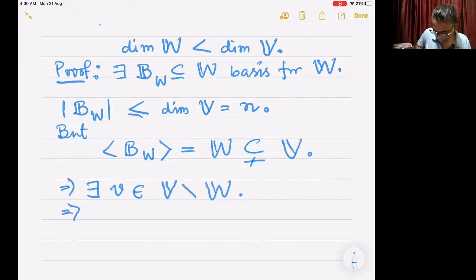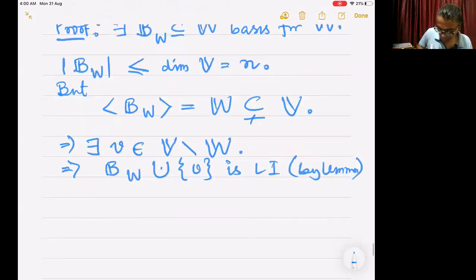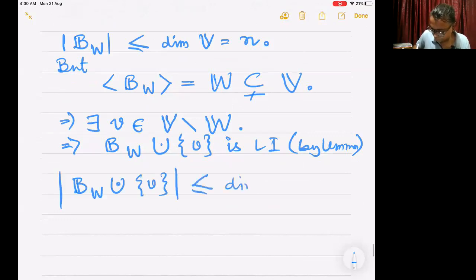Therefore, BW union {v} is also linearly independent by the lemma that we have proven. But by our earlier result, this means the cardinality of BW union {v} must be less than or equal to dimension of V, because if it is more than the dimension of V, then it cannot be linearly independent.